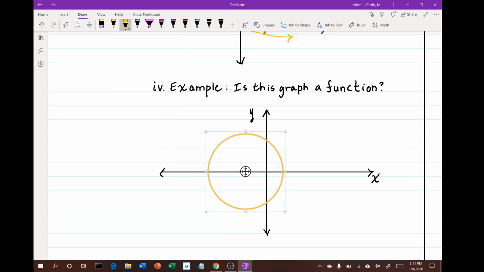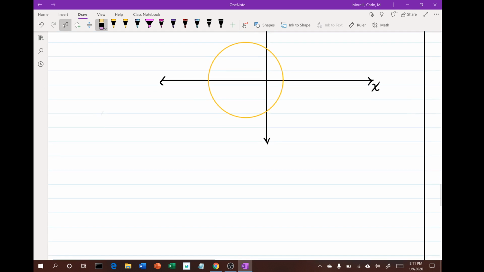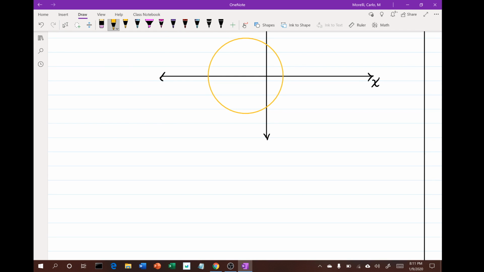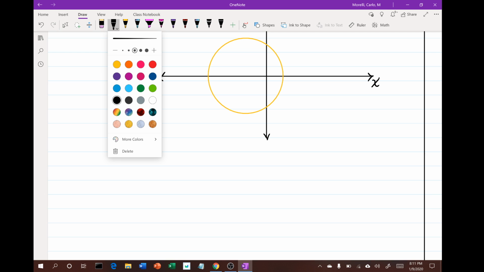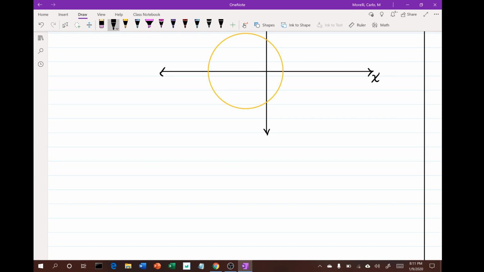So that's a circle, okay. And we'll see what they think about that. Now here's a limit case. This is the absolute value function. So they need to see this. I don't know that it'll ever be on the STAR test, but they need to see it, honestly. Okay, so V.